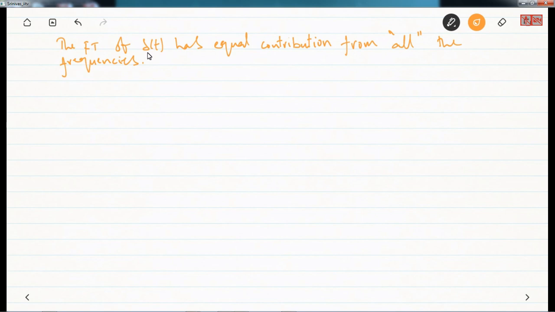And then we'll do this rectangular pulse. So the next example is the rectangular pulse.